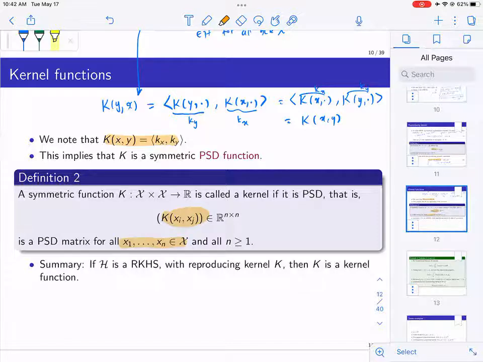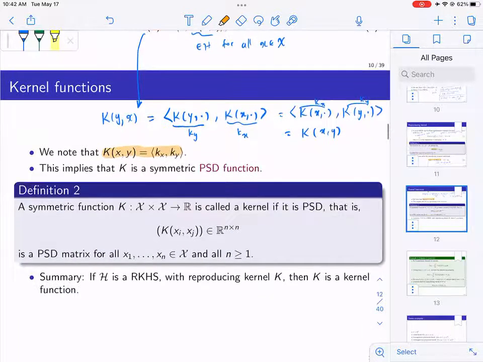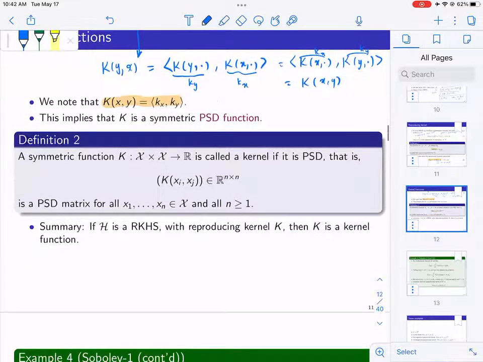So this property, that you can write k as this, shows that it's a positive semi-definite matrix. Why is that? I have to show that the matrix k(x_i, x_j) is PSD for every sequence x_i.